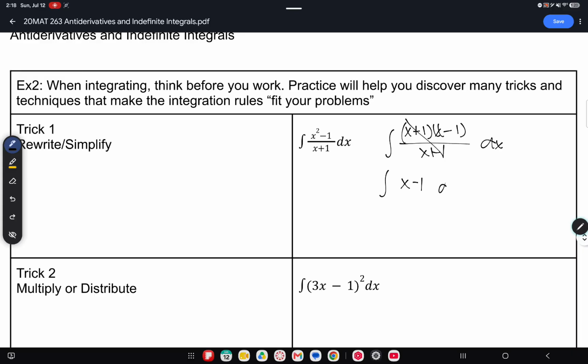So I'm left with x minus 1 dx. And then I can use my power rule. So add 1 to the power, divide by the new power. And really that's like x to the 0. So add 1 to the power and divide by the new power. So really it's just x. And then don't forget the plus c.